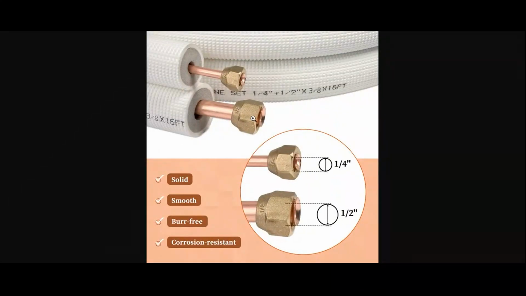So this is how copper tubes look. See, which is insulated. Okay, with these copper tubes, evaporator and condenser are connected.